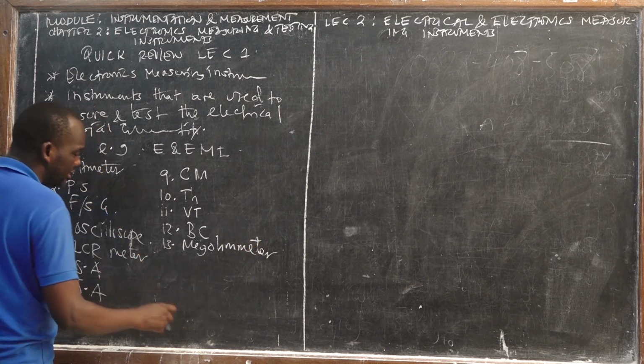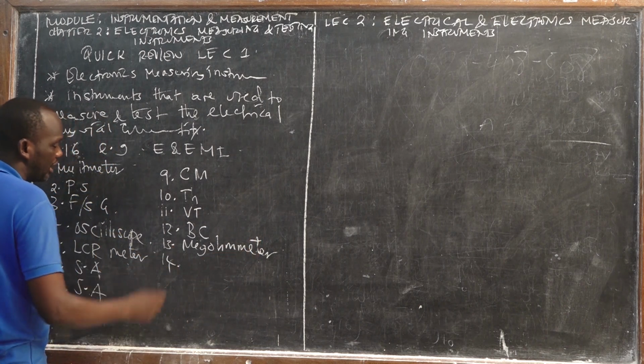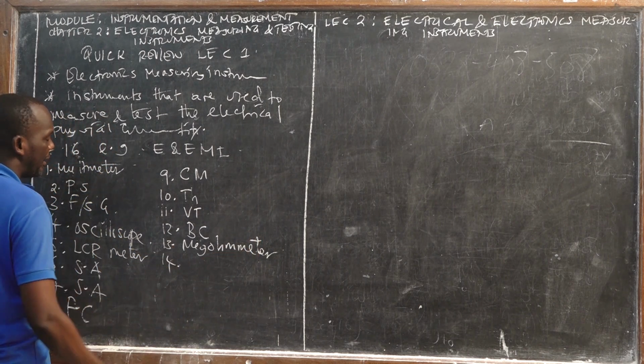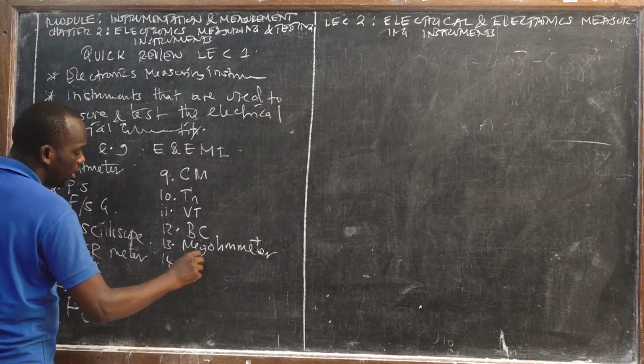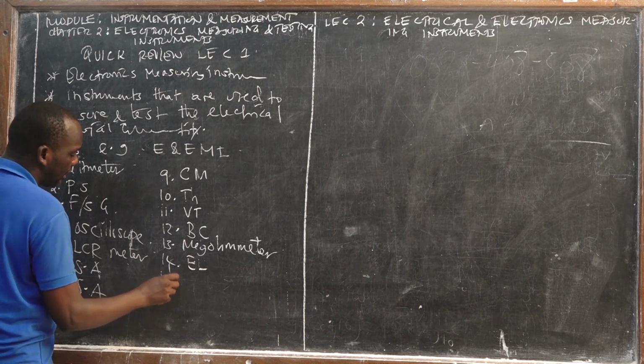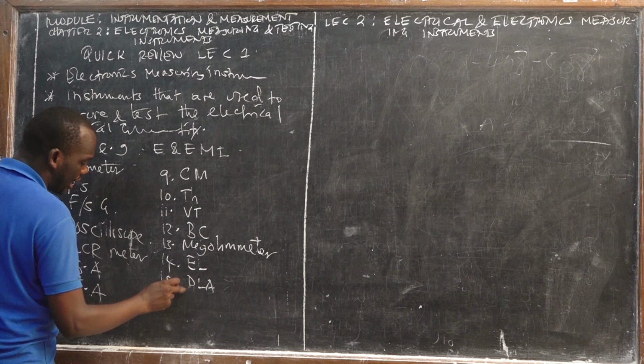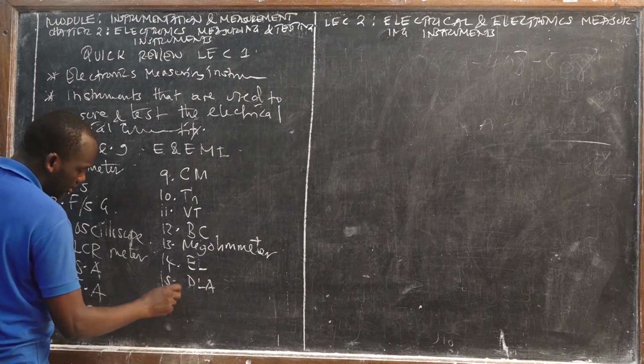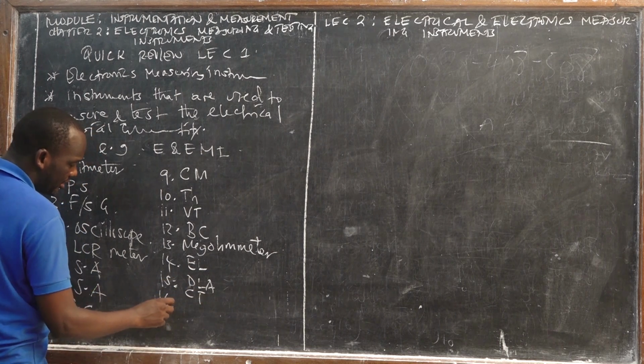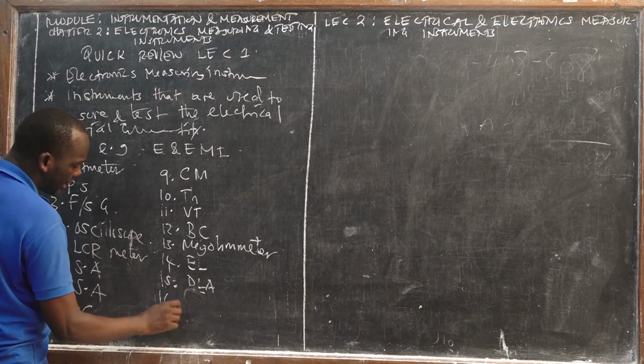We say this is the most Emmanuel's favorite measuring instrument. Number 14 is the electrical load. Number 15 is the digital logic analyzer. Number 16 is the counter timer.